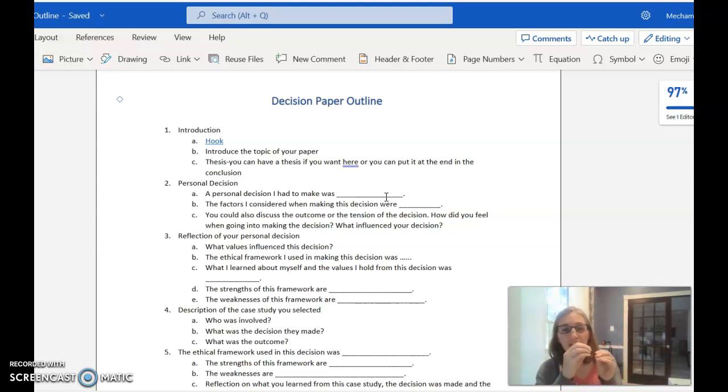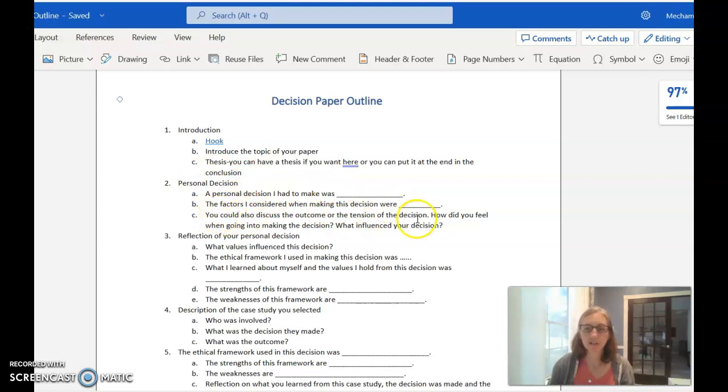But I think it's helpful to give sentence starters to help you get going on thinking about it. If you do end up saying, I really feel like this is the best way to say it, that's okay. But the idea is just to get going on that, right? When you come back and edit, you're probably going to change things around a little bit. But that's the idea of the sentence starters here.